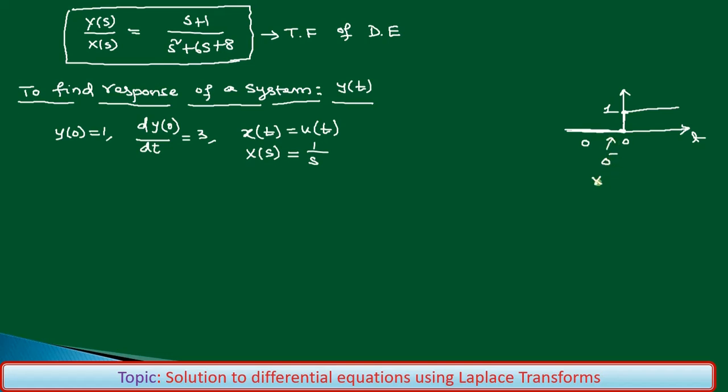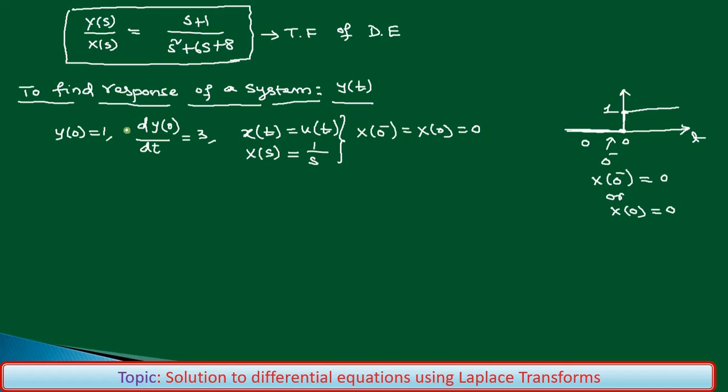So here we can represent x of 0 minus, the value at 0 minus, is equal to 0, or this x of 0 minus we call the initial condition, that we can also represent as x of 0, so its value is equal to 0. So we can write x of 0 minus or x of 0 is equal to 0.